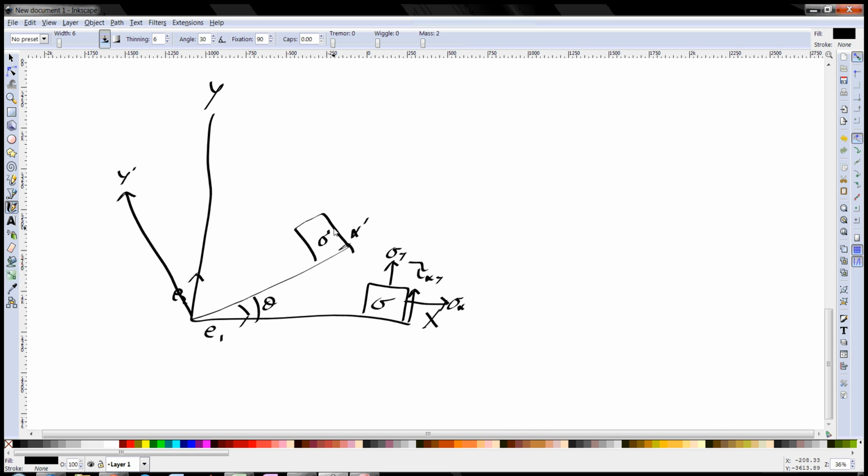Just like with the vector, we now need a new way to identify it. So stress in the X direction is still coming out the right side of the box. Stress in the Y direction is still coming out the top. And shear is still along this side. But they are all denoted with this prime value here, which says this is a new way of representing the same magnitude of values just along a newly identified coordinate system.